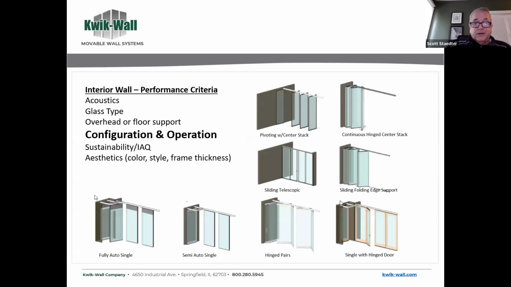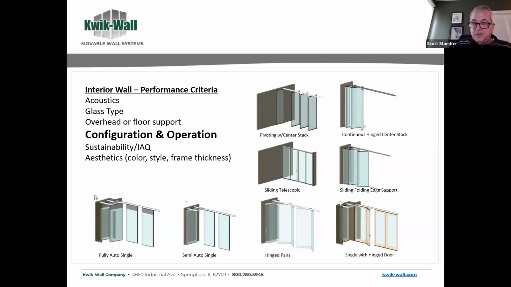Now, configuration and operation. I'm just throwing up a number of different kinds of things, and I could go through every one of these. You have fully auto single panels that run automatically when you push a button. You've got semi-auto single panels where you manually push them, but they have semi-automatic seals that seal them in place.